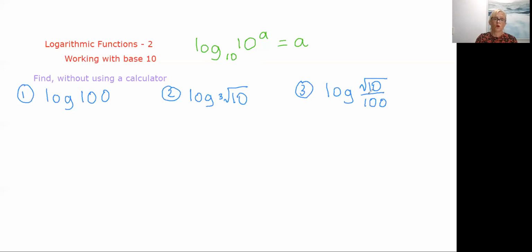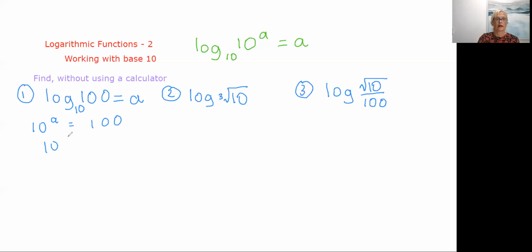You can, if you want to, I'll just do the first one both ways. You could call that, say, A, and of course there's really a 10 there. So we could go back to the old way of doing things and say, well, that means 10 to the A is 100.